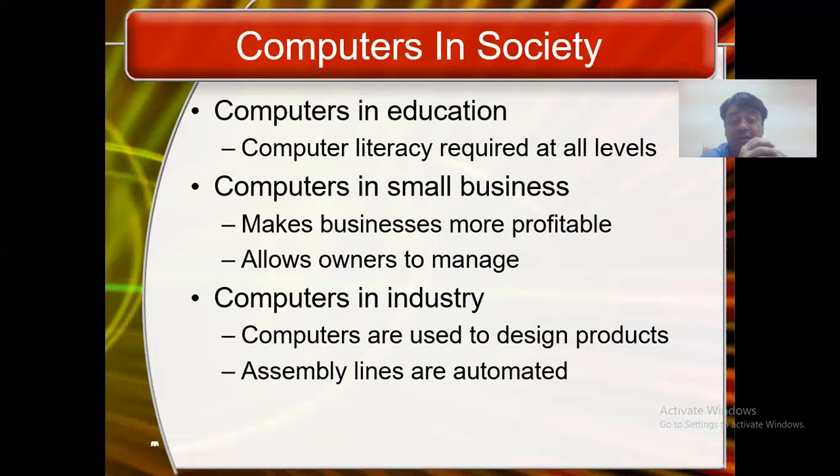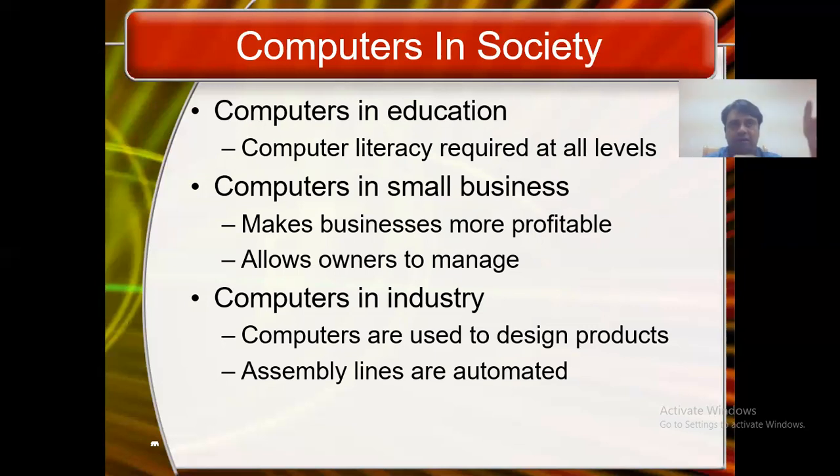Now, computers in industry, computers are used to design products. Like if you have heard about the software AutoCAD, AutoCAD is used for designing purposes. Computers are used in assembly lines, which are automated. Like in Toyota, if you have seen the videos on National Geographic about BMW car assembling or Toyota car assembling or Audi car assembling, they are done by robots.